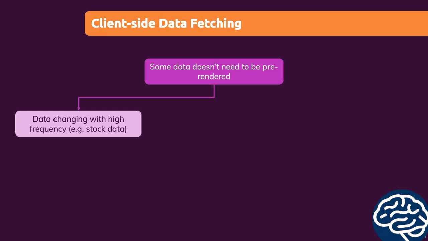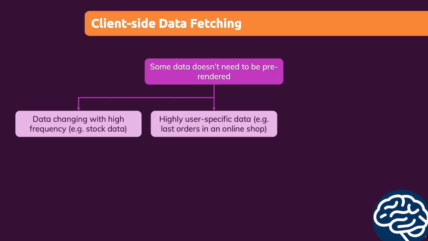So in such a case, just showing a loading spinner when you visit the page and then fetching the very latest data for you and maybe updating that data in the background then might be the best user experience.